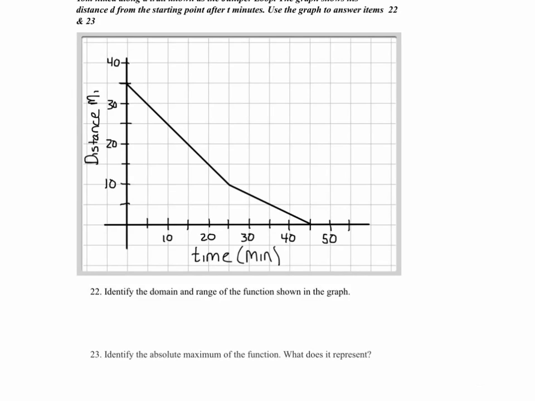Domain and range. This now we can do for domain. Alright, x, label this point here. That is 0, comma 35.